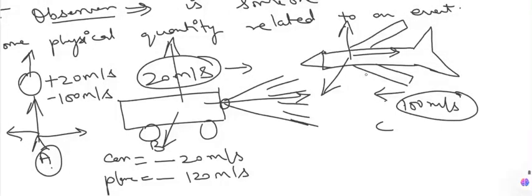Okay, yes, so we can see that the car and the plane are moving, but the woman is standing still. True? Yes, ma'am. Now this is because we often measure with respect to the earth and she is stationary. Correct? Yes, ma'am.